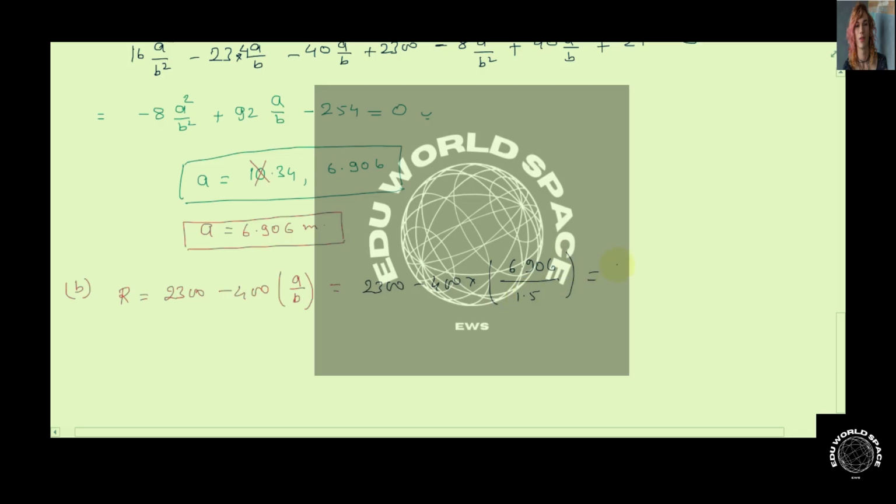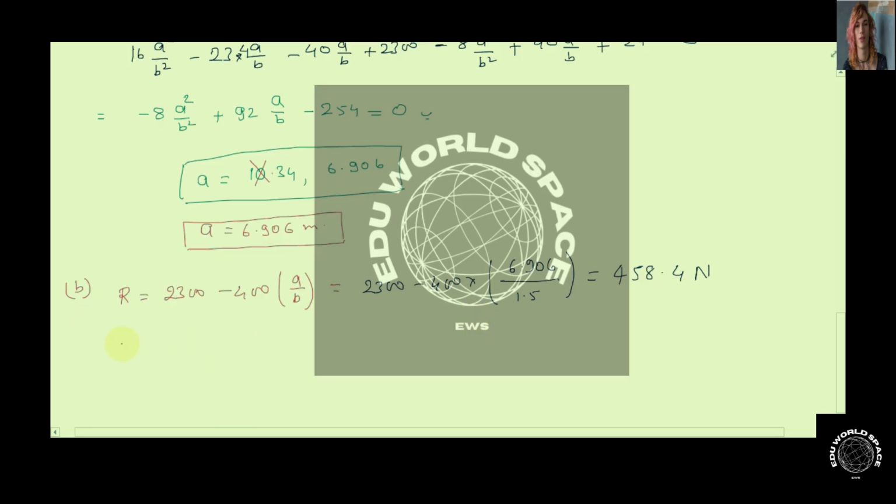You can use the calculator, and it comes out to be 2300 minus 400 multiplied by 6.906 divided by 1.5, and it comes out to be 458.4 Newton. So we got the value of the equivalent force.